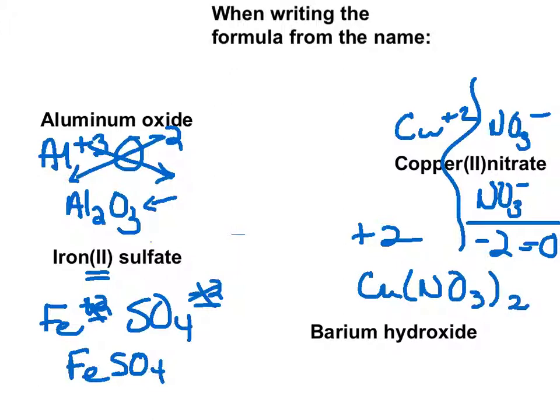And the last example is barium hydroxide. Barium's in group 2. It always forms a +2. Hydroxide is OH with a negative charge. That means I'm going to need 2 hydroxides for every 1 barium, or just crisscross the charges.